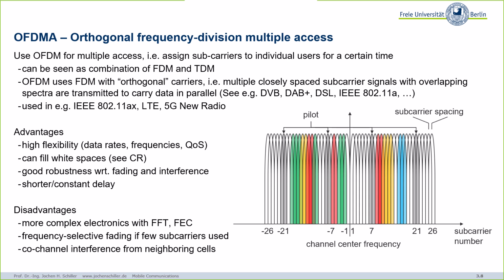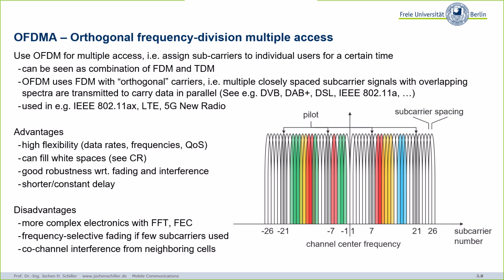It's a bit more complex, but now assume we can create these subcarriers, and then we distribute single users over these subcarriers. So we assign a subset of subcarriers to certain users. User green in this example can use 3 plus 1 plus 2, 6 subcarriers somewhere. User red can use 1, 2, 3, 4, 5 subcarriers. So that's the idea. We separate users by using different carrier frequencies, now small subcarriers.